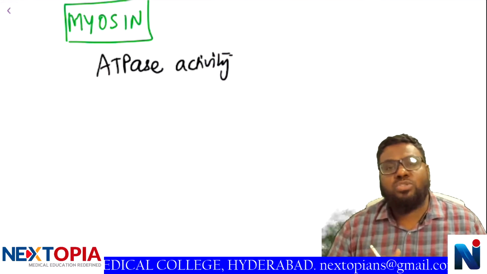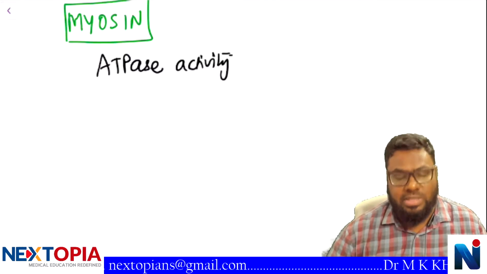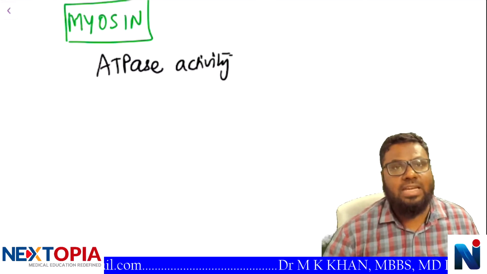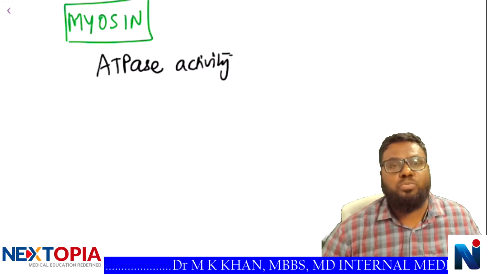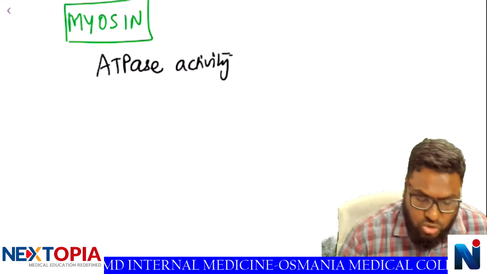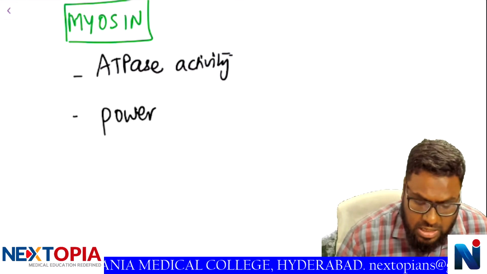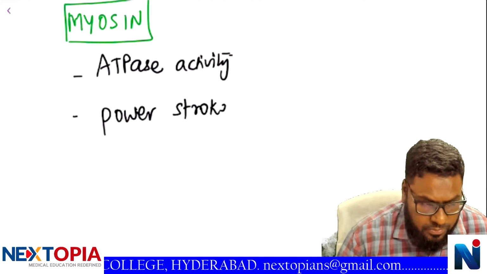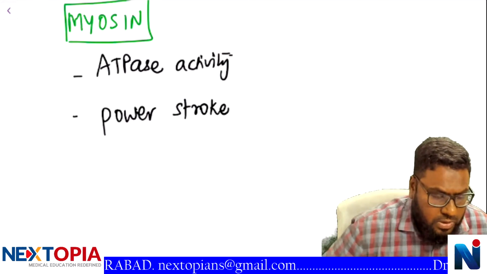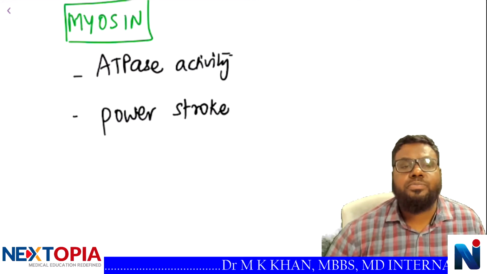Once the myosin binds to actin, the chemical energy is converted into mechanical energy, causing the myosin to pull the actin filament and thus generate a power stroke. All right.